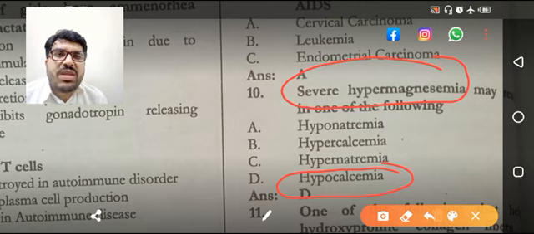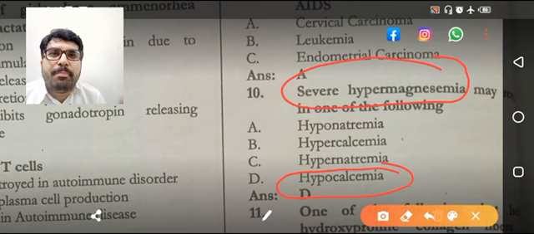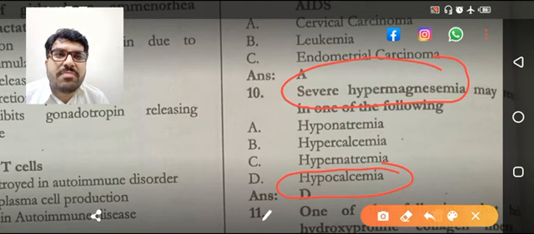If there is the word mild hypomagnesemia, then the answer is hypercalcemia. If there is severe hypomagnesemia, then the answer is hypocalcemia. So either it's a mistake over here, it's severe hypomagnesemia, or it's not a mistake and they are playing a trick.